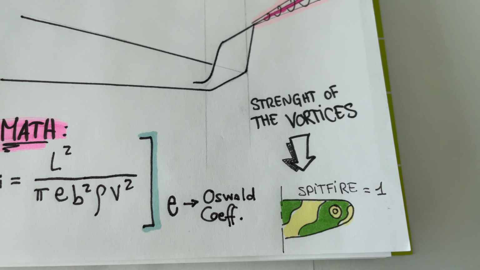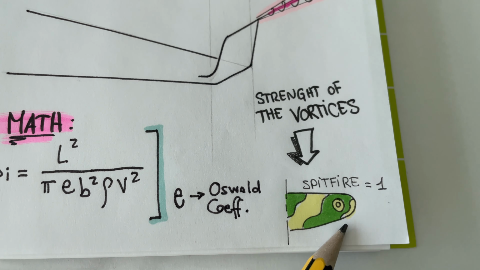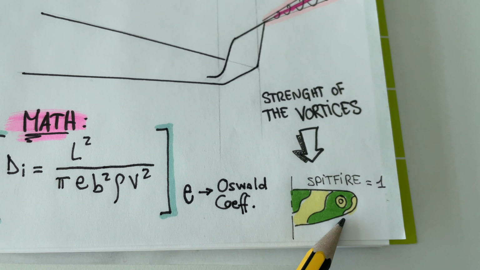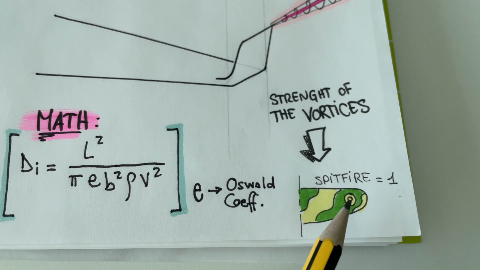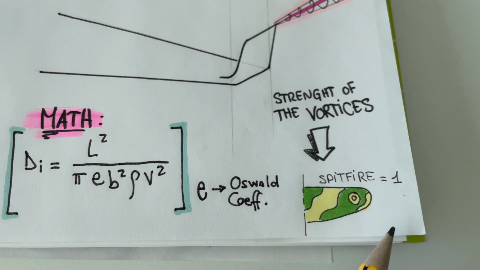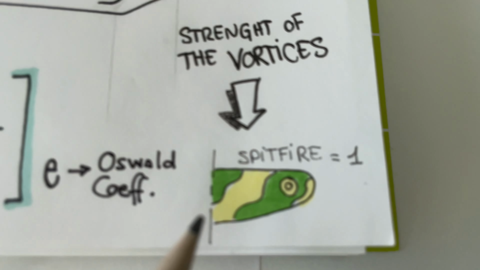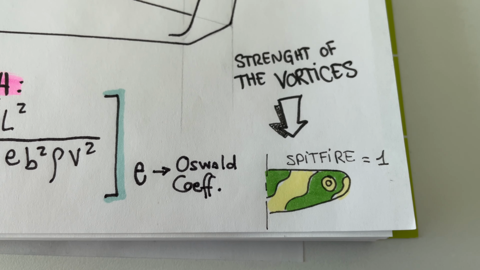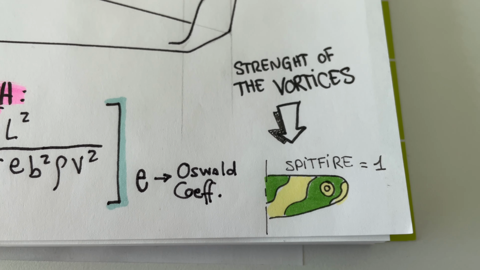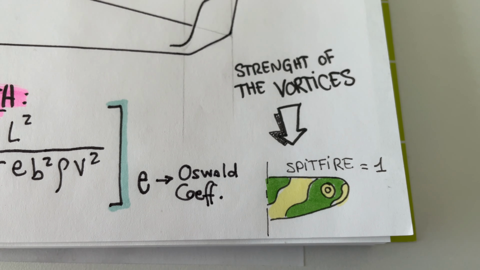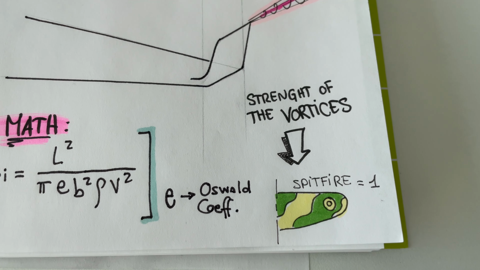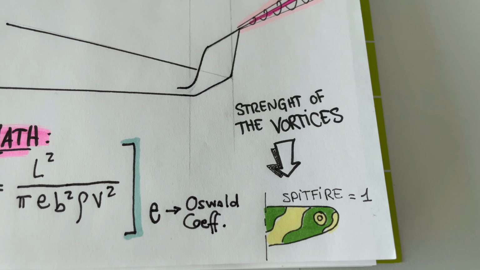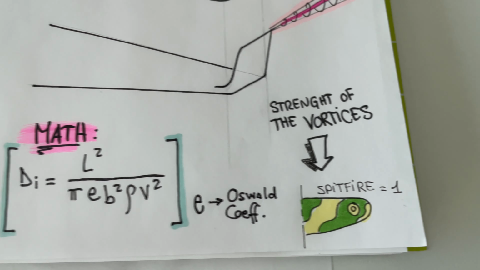For example, do you remember the Spitfire? The Spitfire has an Oswald coefficient really close to 1, because with this kind of wing shape, they were able to create a lift distribution almost elliptical over the wing surface. That means that the strength of the vortices was really low.